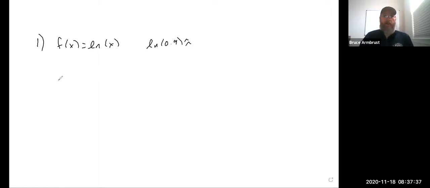I'm going to use 1 because I know the natural log of 1, and you guys should know that too. The natural log of 1 is 0. Log of any kind of 1 is equal to 0. So we're off a little bit, but we're going to use natural log of 1.